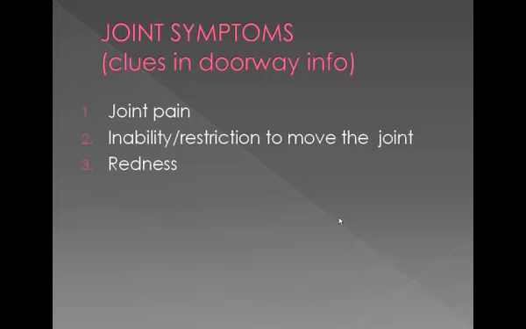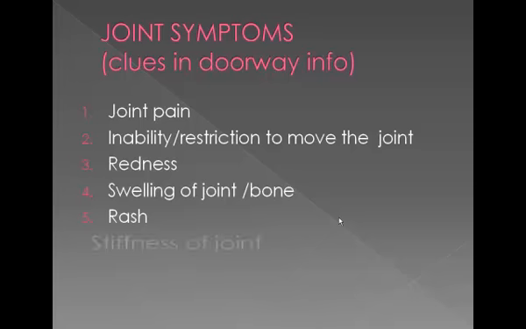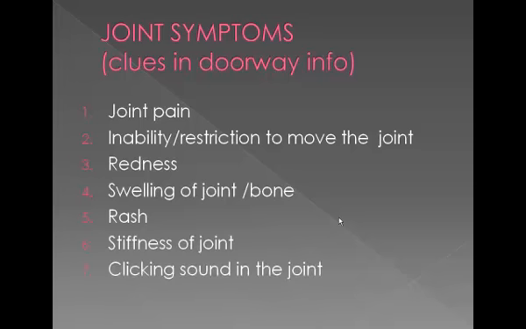They can come to you because the joint is red, if there's swelling in the joint, or even bone, like in a bone tumor. Some generalized symptoms like rash, if they have stiffness of the joint, or clicking sound when they walk or move the joint. The most common symptom, as we all know, is joint pain.